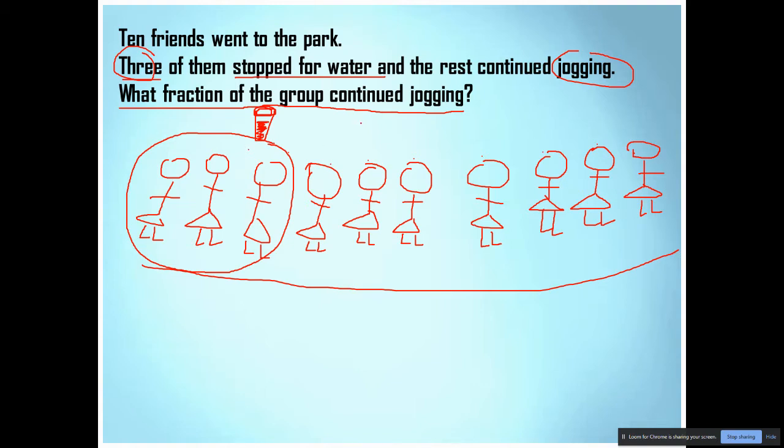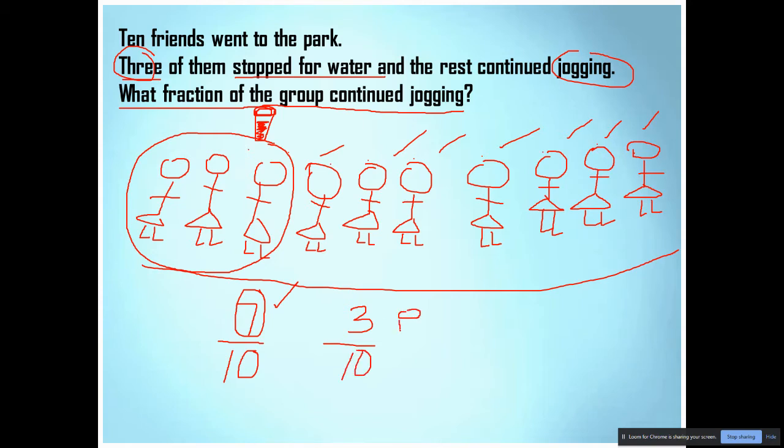If there were 10 friends and 3 of them stopped, then how many continued jogging? 1, 2, 3, 4, 5, 6, 7. 7 girls continued jogging, and the total number of girls is 10. So 7 of them continued jogging, while 3 of them stopped to drink water. So easy, right?